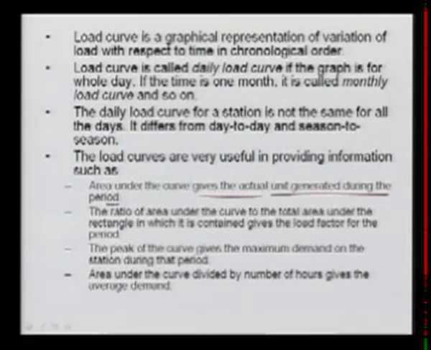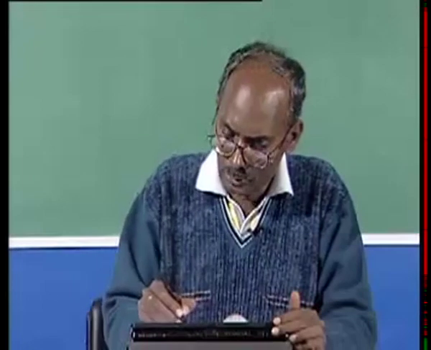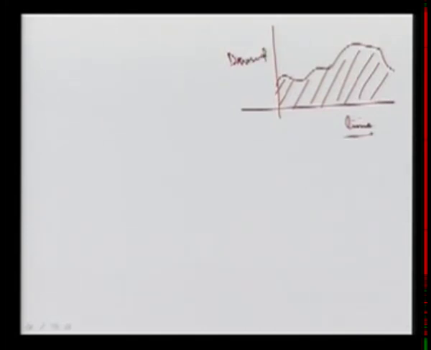Here, let us suppose this is your demand, this is your time, and this is your load curve. So the area is demand multiplied by time. This area gives you the total energy produced during that period.